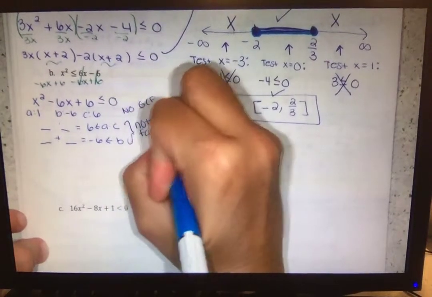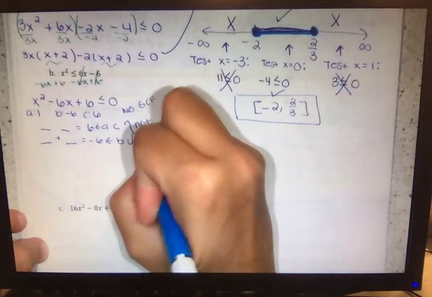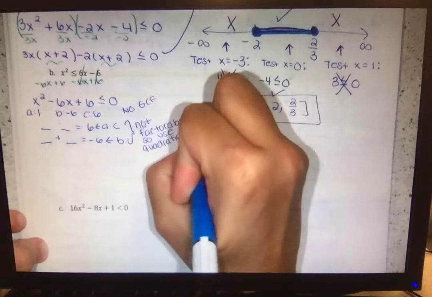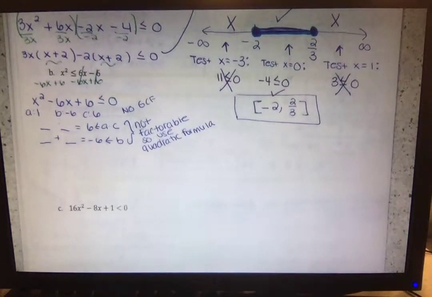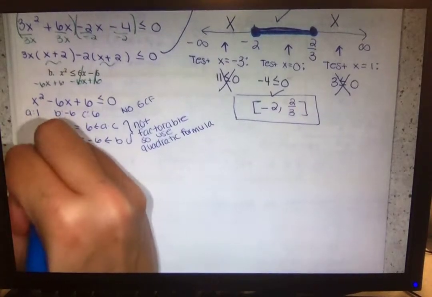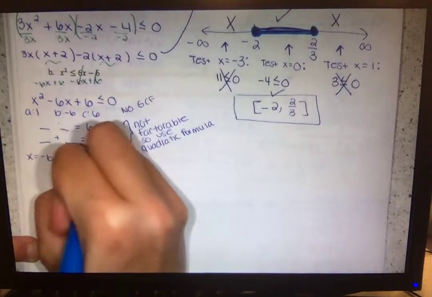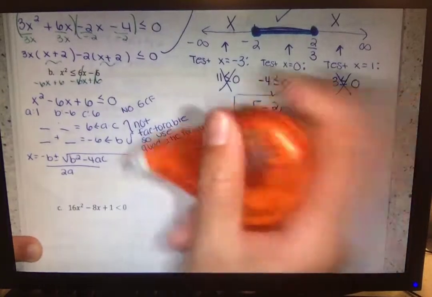So the quadratic formula: x equals negative b plus or minus the square root of b squared minus 4ac, all over 2 times a.